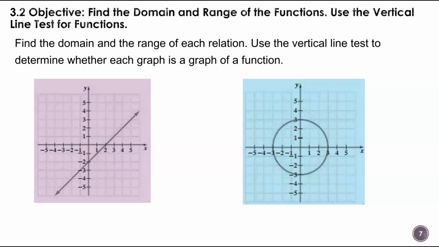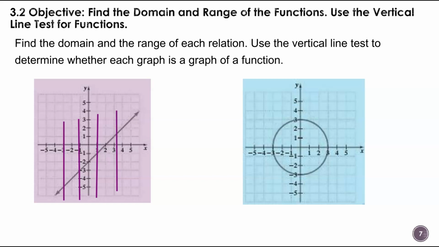But if you look at this, right, if I put a vertical line anywhere on this graph, do you see that any of my vertical lines are intersecting only one time, right? So if they intersect only one time, it is a function, right?